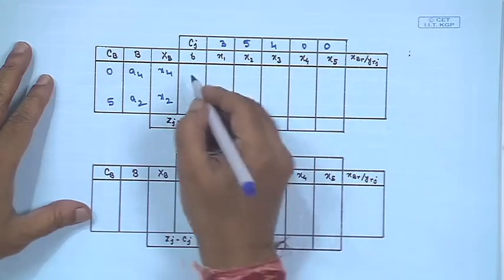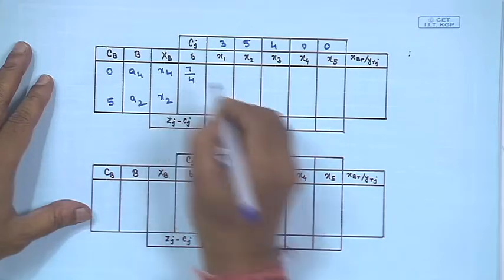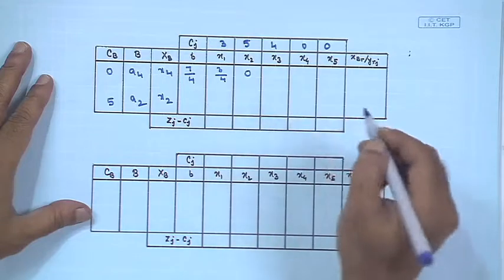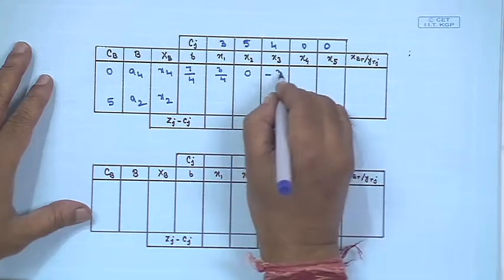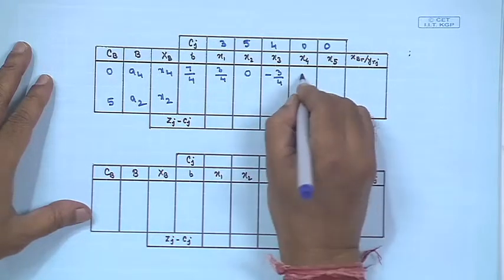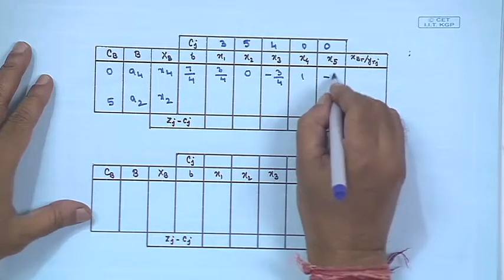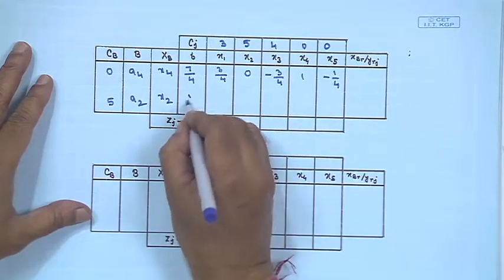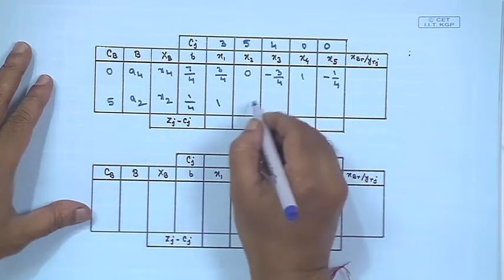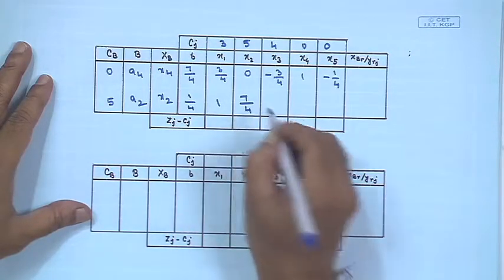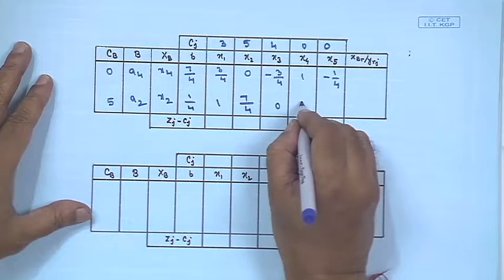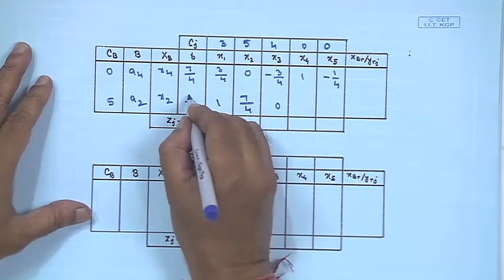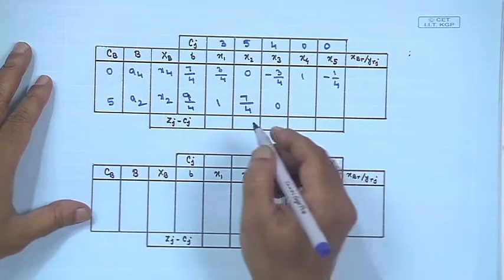Your rows will be, after manipulation, 7 by 4, 3 by 4, 0, minus 3 by 4, 1, minus 1 by 4. Sorry, the b is 9 by 4.